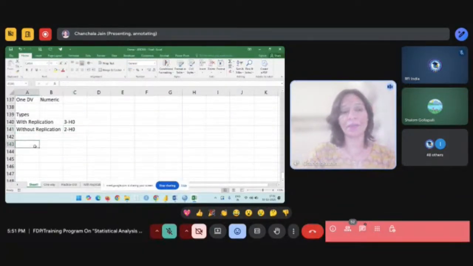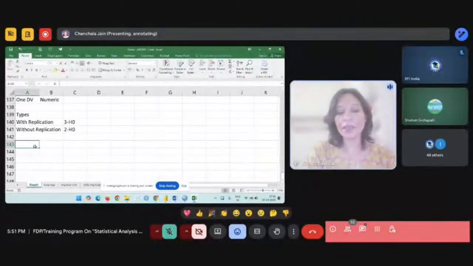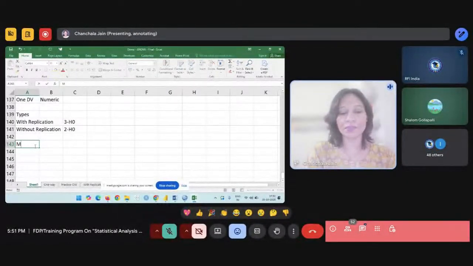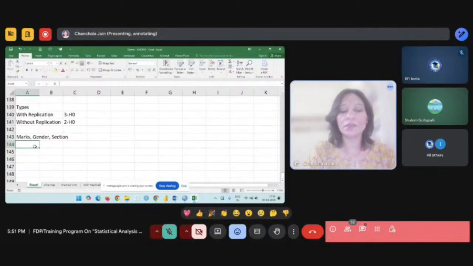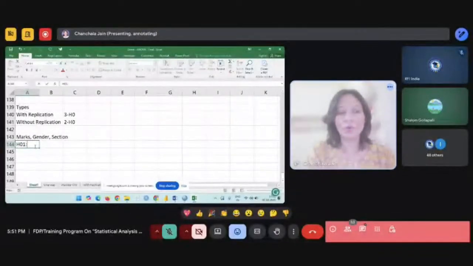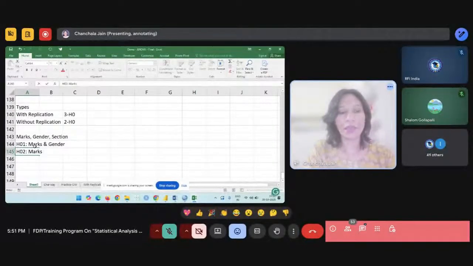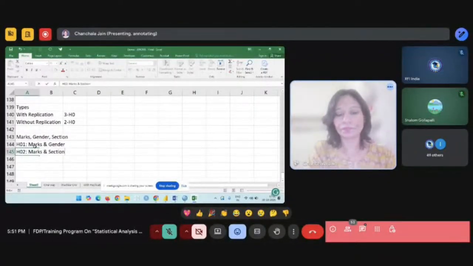So here, as I have given you the example of marks, gender, and section, in this case my first null hypothesis, that is H0, will be based on marks and gender. My second null hypothesis will be based on marks and section.